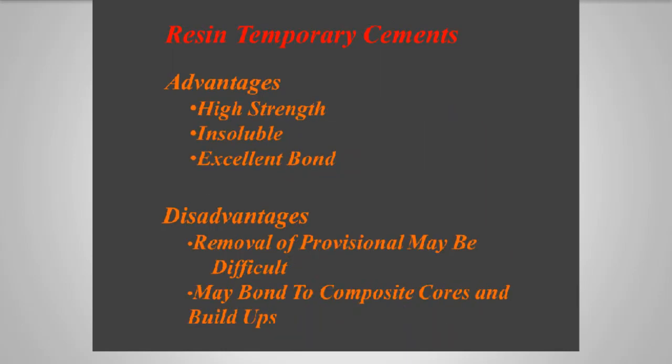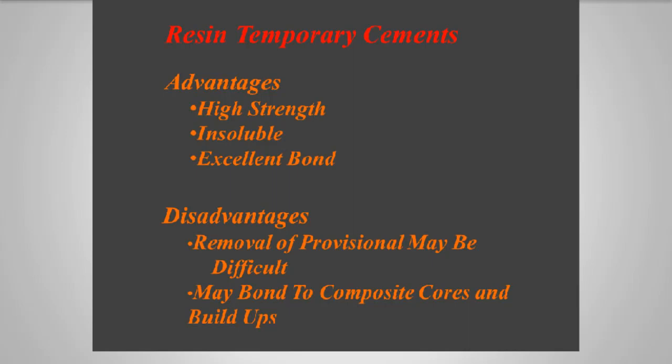So we started looking at resin type temporary cements. The advantages being that these products did produce a higher strength and, like their final cementation counterparts, are insoluble in oral fluids and create an excellent bond to tooth.